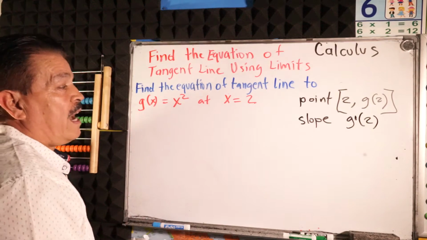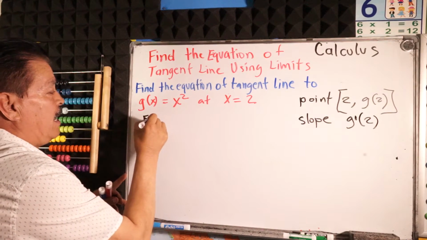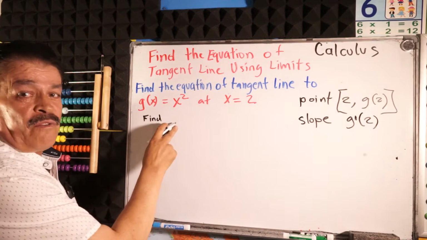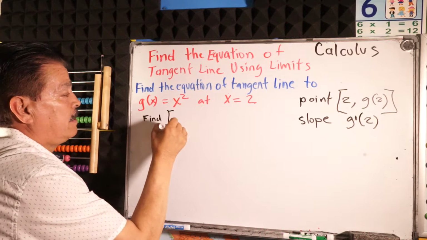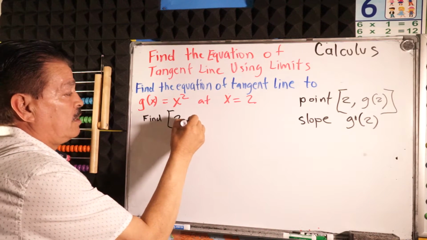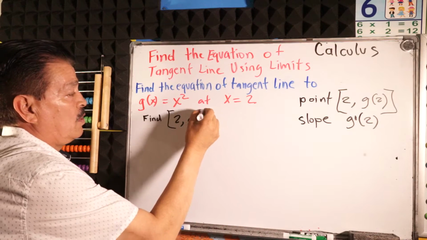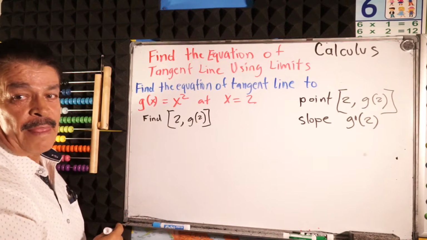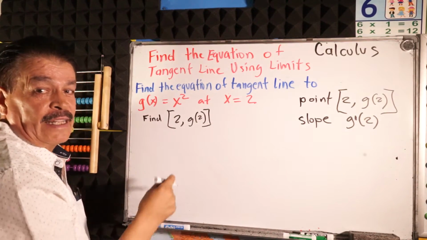So now we have to find the point 2, g of 2, the point on the tangent line.